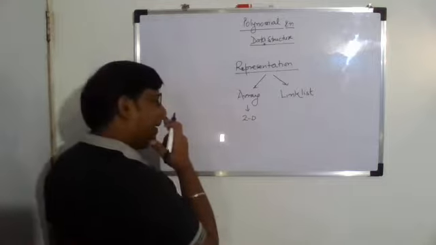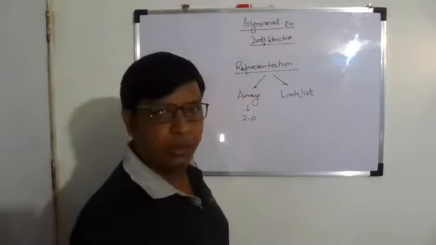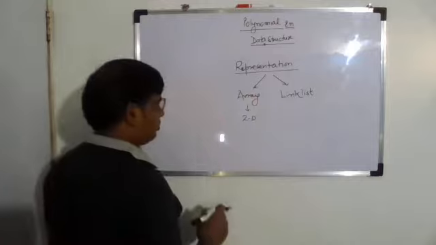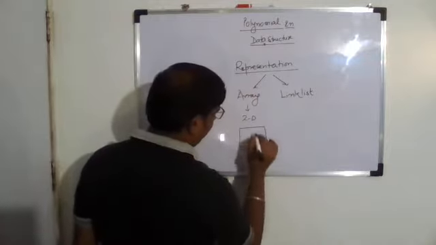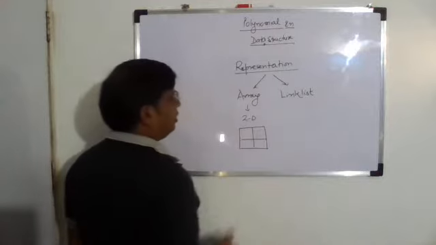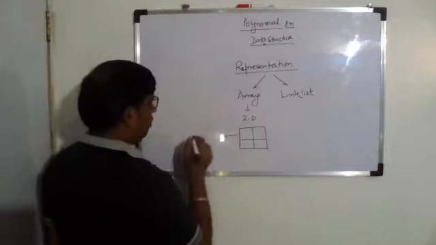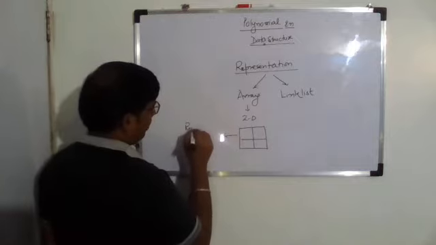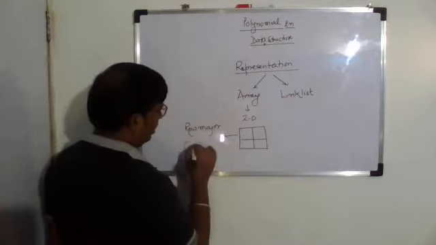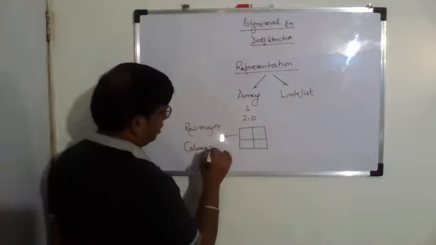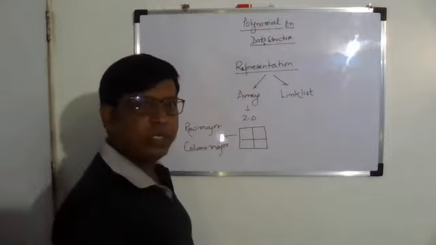So to understand the array representation, we will go back into the 2D array to understand how it can be represented. Now 2D is the best suited array for the polynomials. Why? Because we can represent a 2D array in form of rows and columns. And the second major advantage is that we can follow a row major concept and a column major concept for the representation.